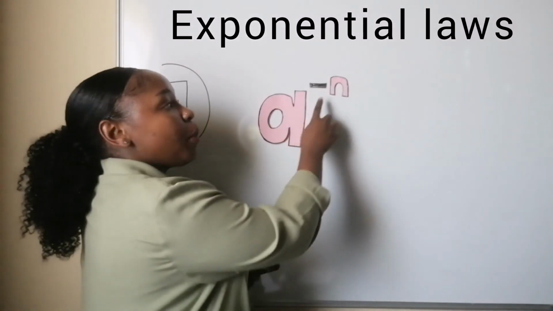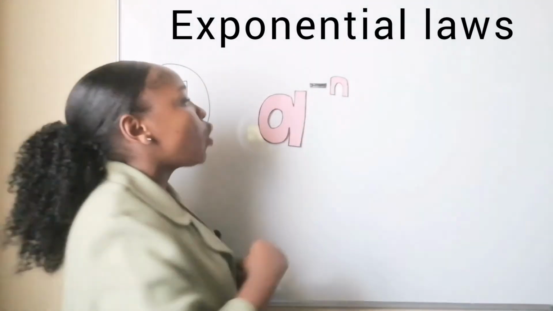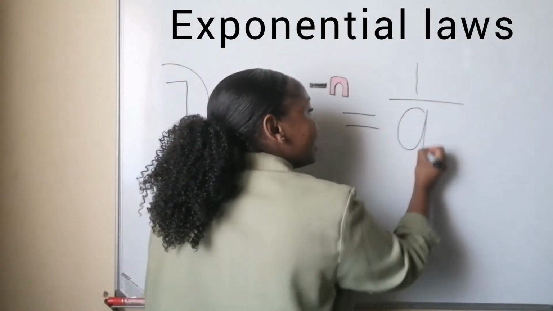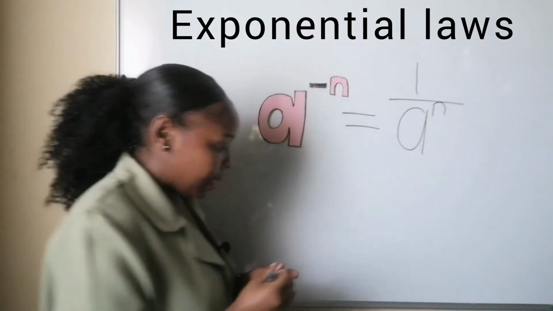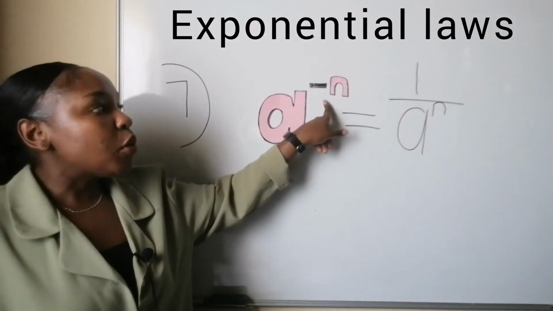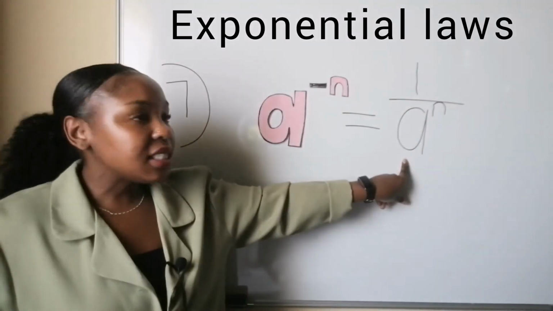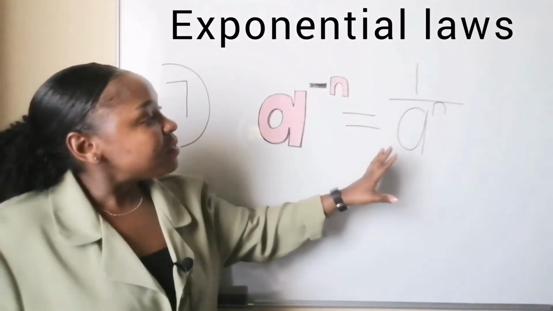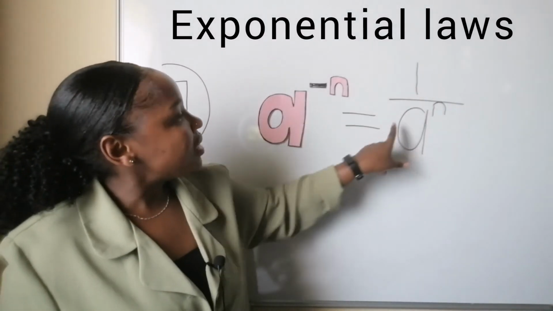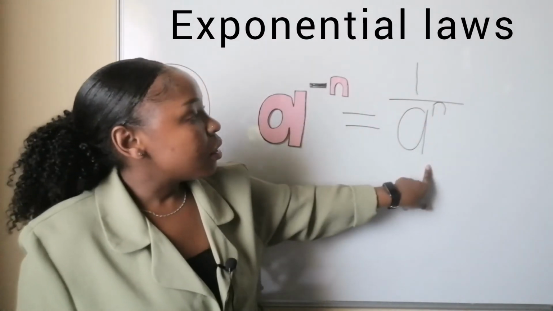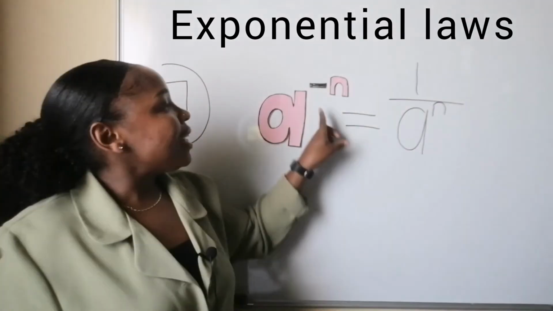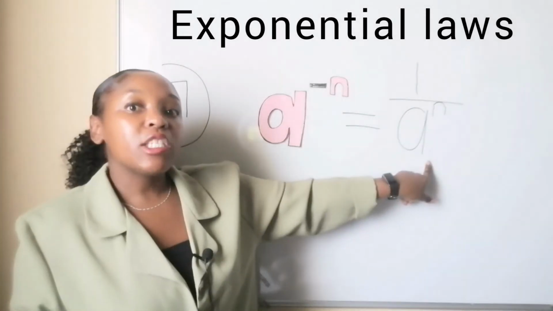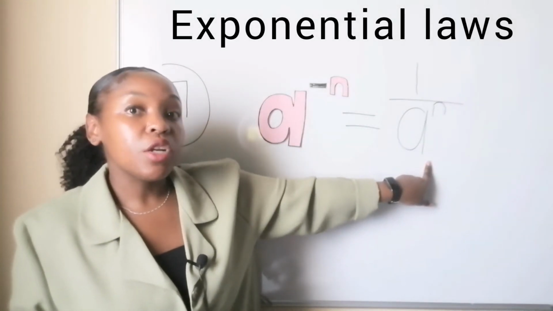So a to the power of negative n is also equal to 1 over a to the power of n. So a negative exponent is the same as a positive exponent that is in the denominator. We've put a 1, and now this a to the power of n has moved to the denominator.